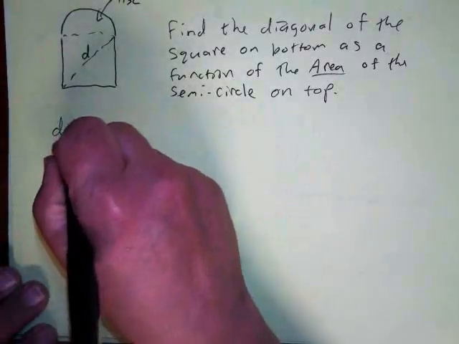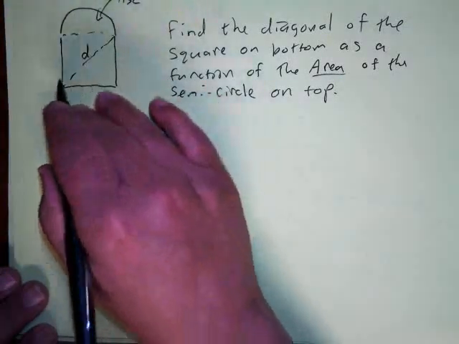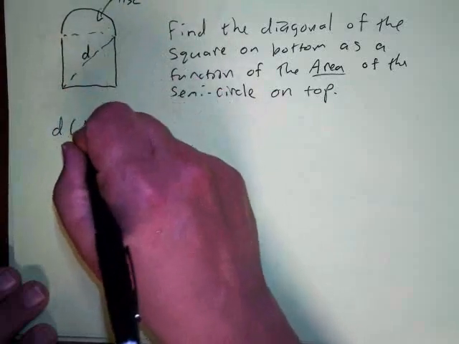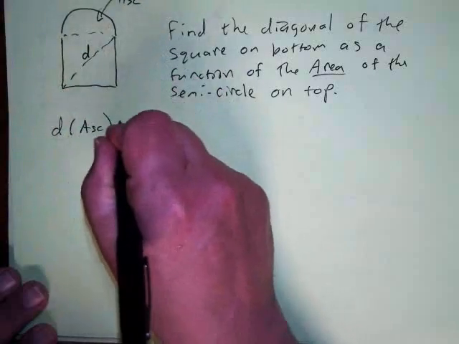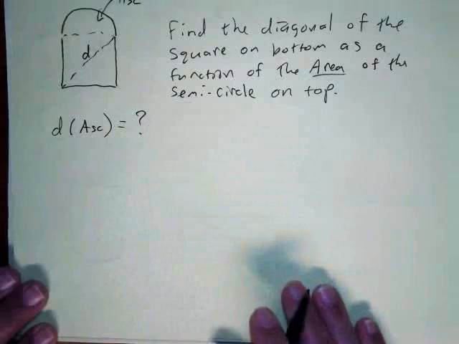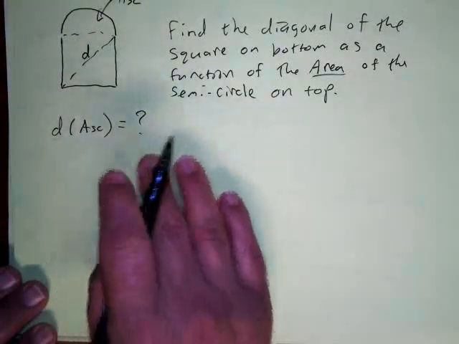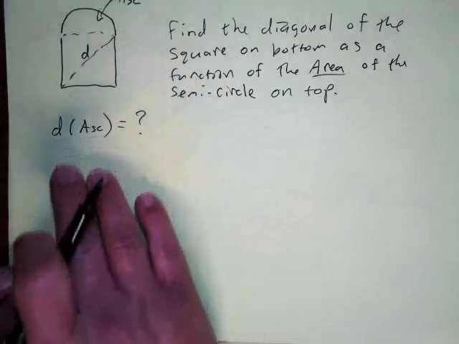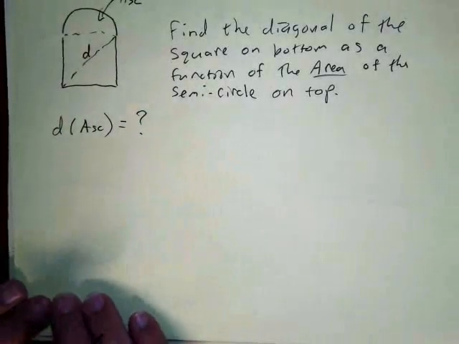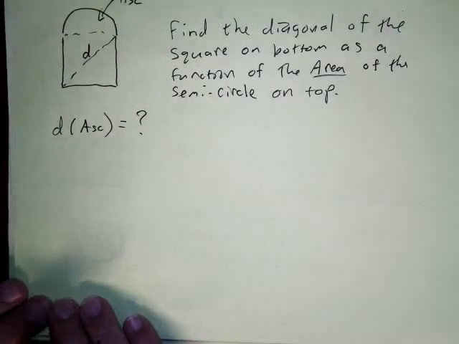It's asking for the diameter of the square as a function of the area of the semicircle. And that's a little bizarre. So I plug in the area of the semicircle, I get out the diameter. So how could we do this?